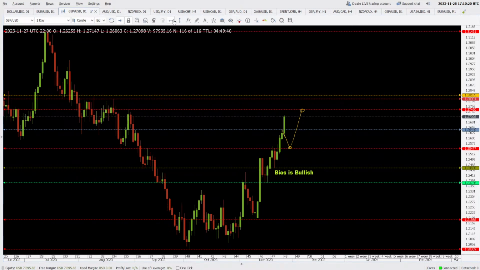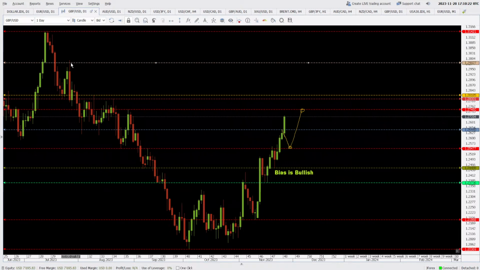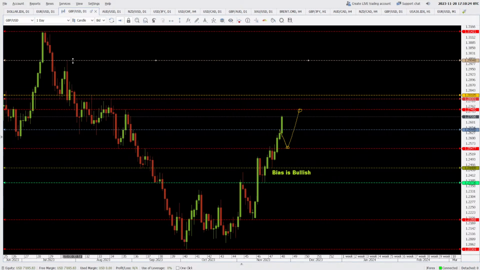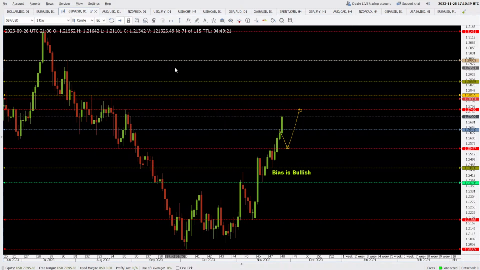Then there is a huge gap to the next level of resistance, which is sitting at 1.2995, approximately 195 points away. But this is also a significant level, 1.2887, so 100 points is possible.